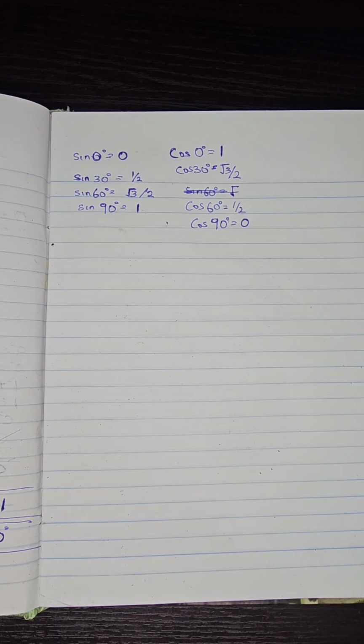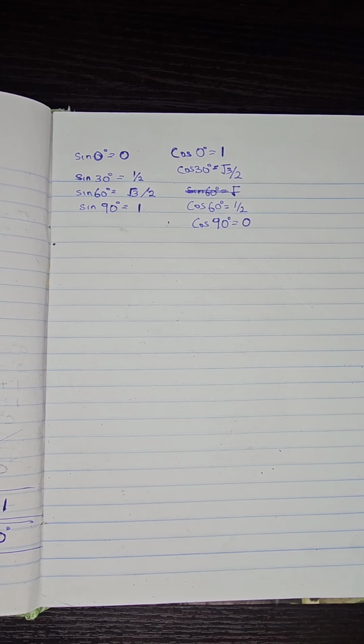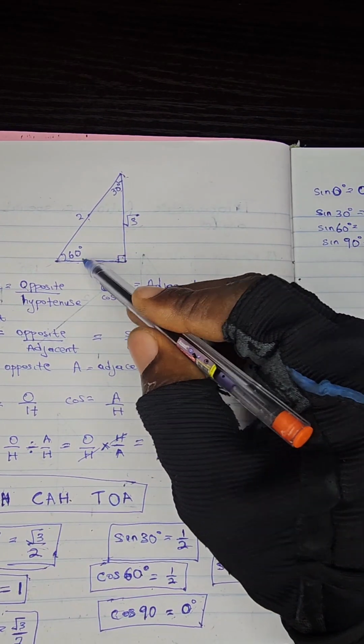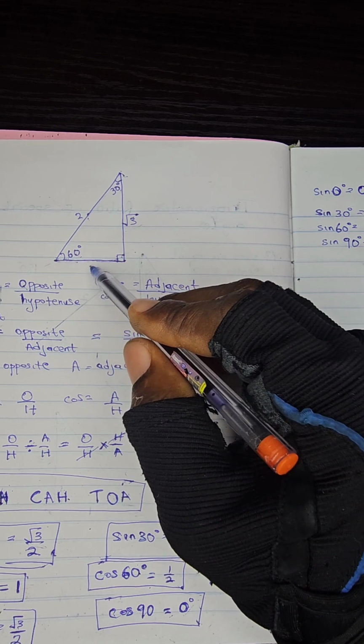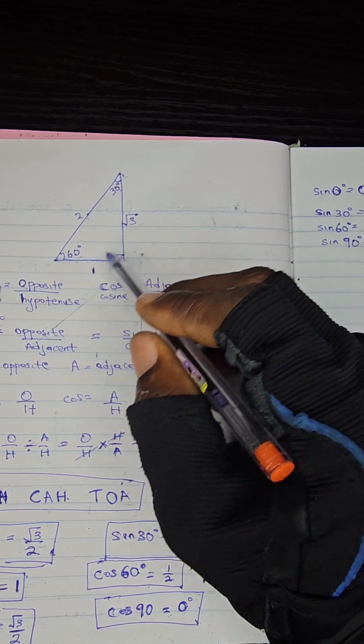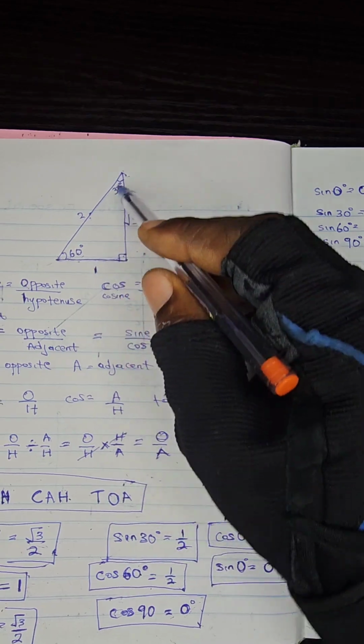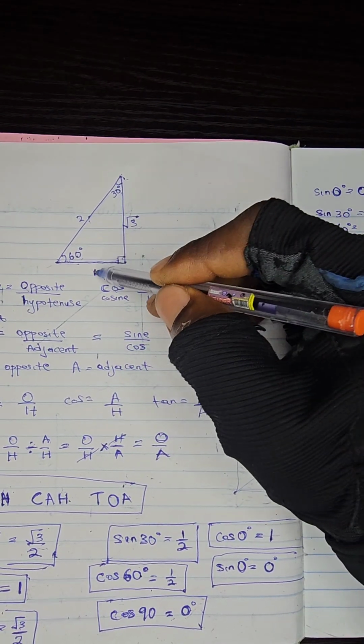And we know that tangent is opposite over adjacent, which we can also use our triangle here to find that tan 60 will be opposite, which is root 3 over 1. Tan 30 will be opposite, which is 1 over root 3.